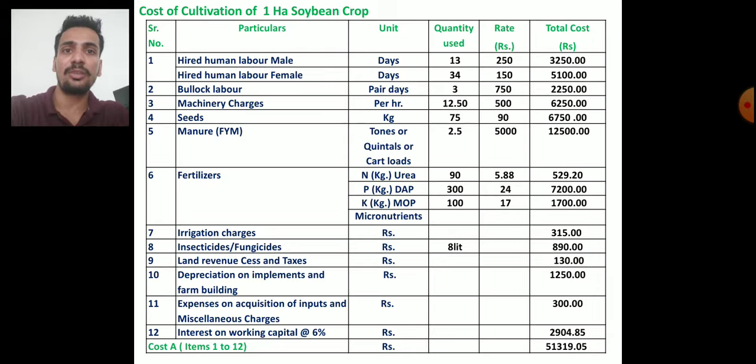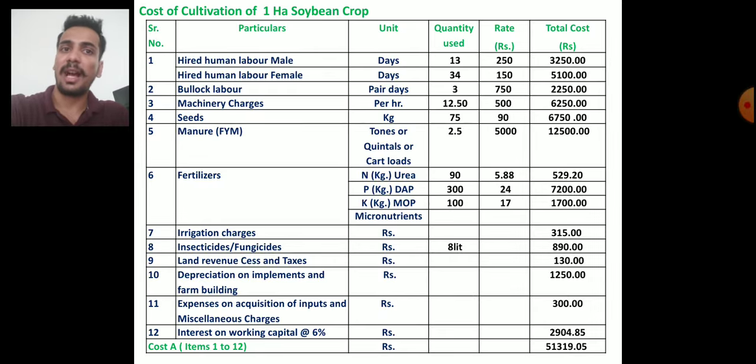So 13 into the wage rate of male labor, which is 250 rupees per day. 13 into 250 is equal to 3,250 rupees. It is the total cost.